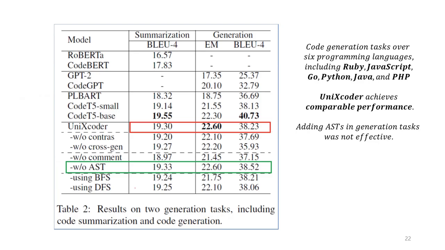So in this case, if you see, UniXcoder without AST is better than UniXcoder with AST. So AST does not have some effectiveness in the performance in generation tasks only.